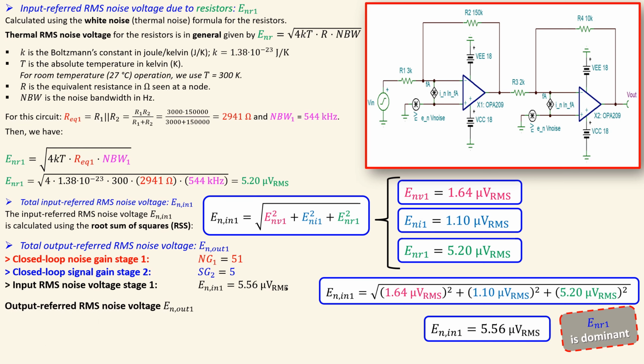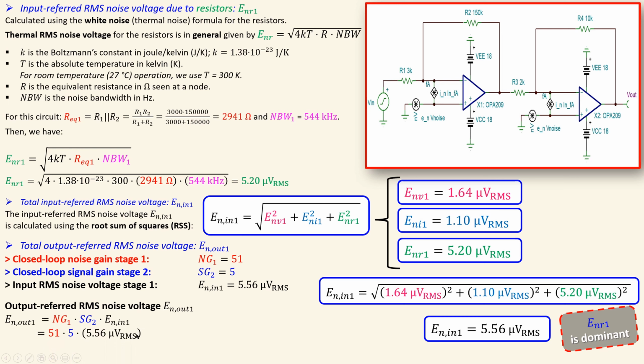Now we have collected all the necessary parameters for our output referred RMS noise voltage. The formula we already calculated and discussed. This is the noise gain of the first stage, this is the signal gain of the second stage, and this is the input referred RMS noise voltage of the first stage.